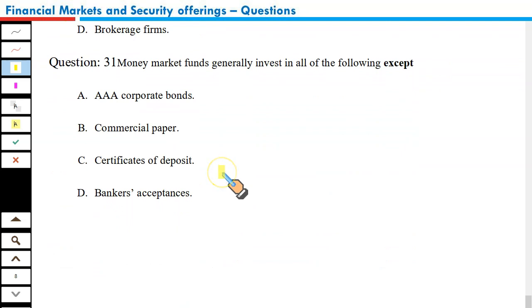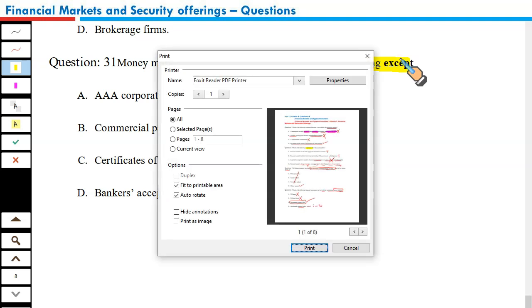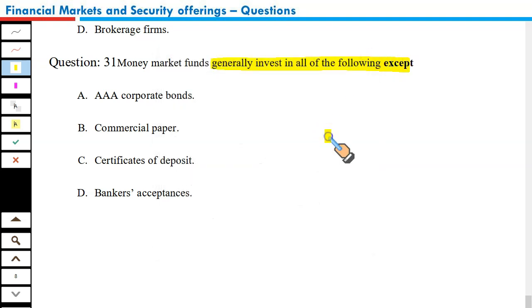All right, then we have: money market funds generally invest in all of the following except. We just discussed that money market funds will invest in those investment opportunities where the instruments have a maturity of less than 1 year. Commercial paper clearly has a maturity of not more than 270 days.